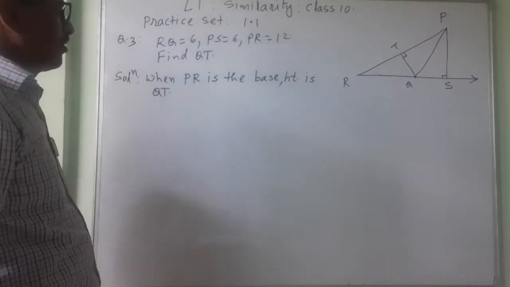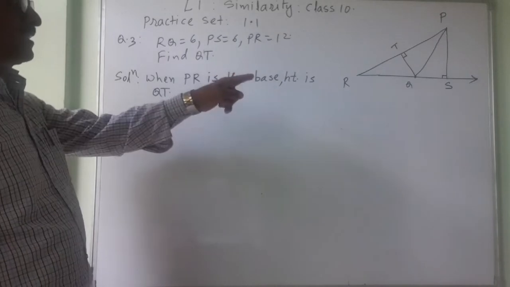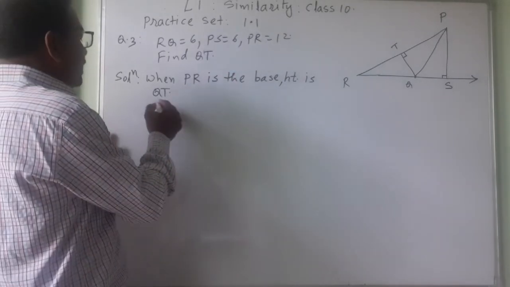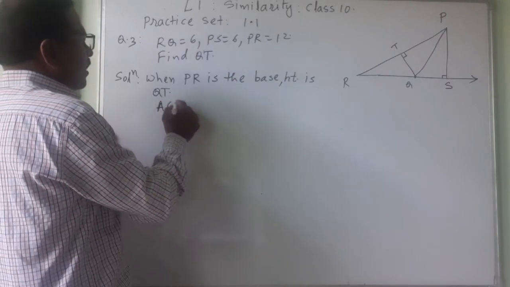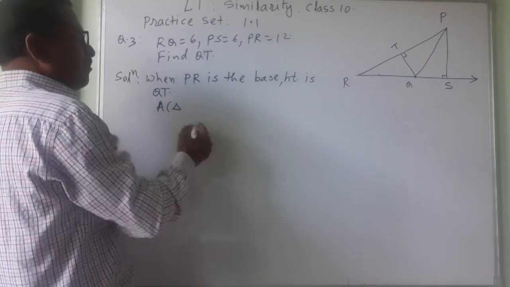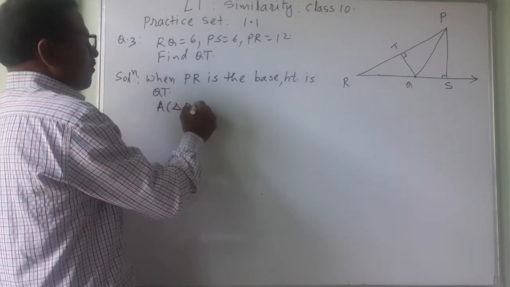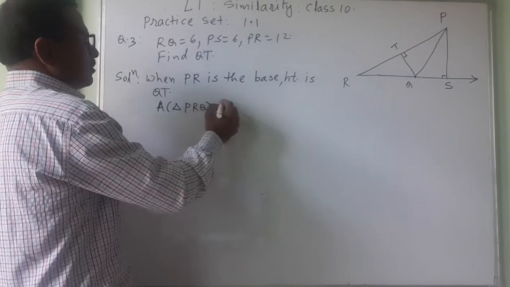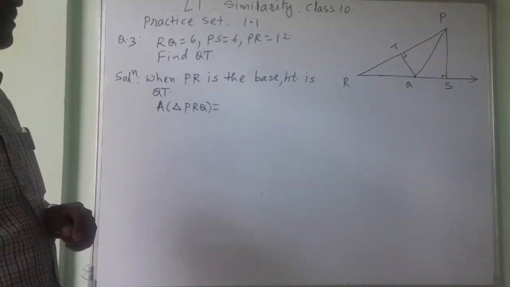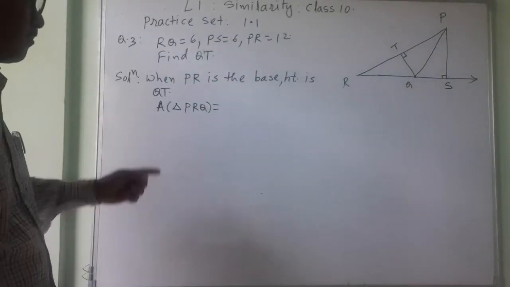Note this. When PR is the base, height is QT. Area of triangle PRQ.